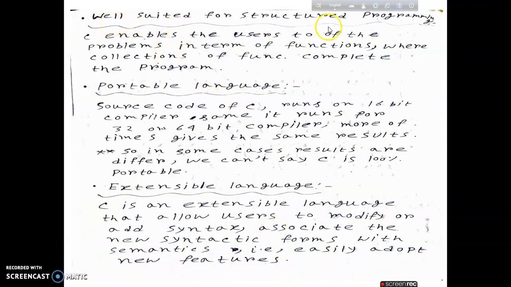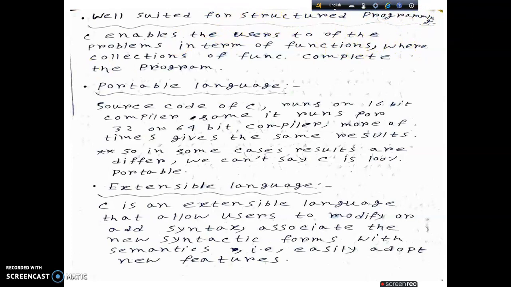Next, well suited for structured programming, as C enables users to solve problems in terms of functions, where a collection of functions completes the program. Again I repeat that C is well suited for structured programming. What do you mean by structured programming?